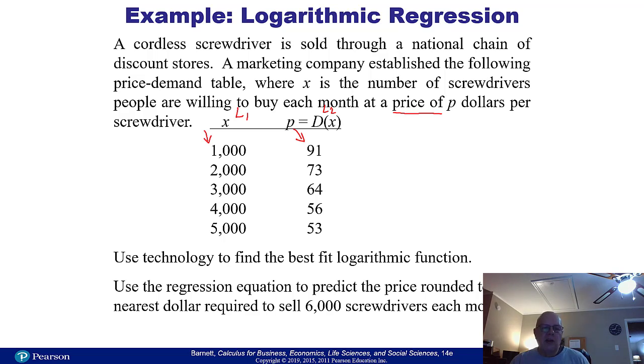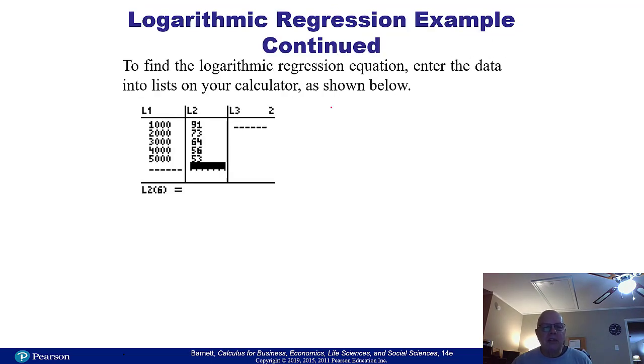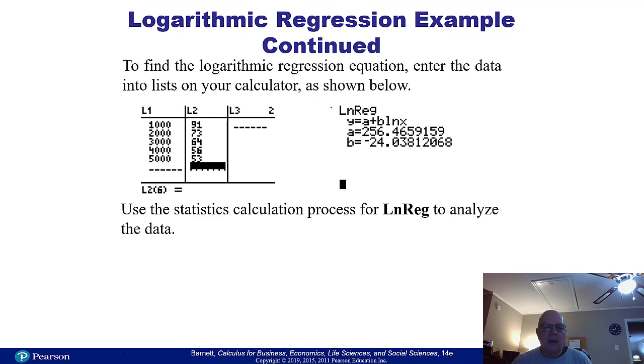And you can use a regression equation to predict the price. If we decide, or if we were able to sell 6,000, how much would we make? So put the numbers in and use this statistics calculation. Now let me stat, you get down to ln reg. Now notice it's ln reg. Look for this one because you're working with natural logarithms.